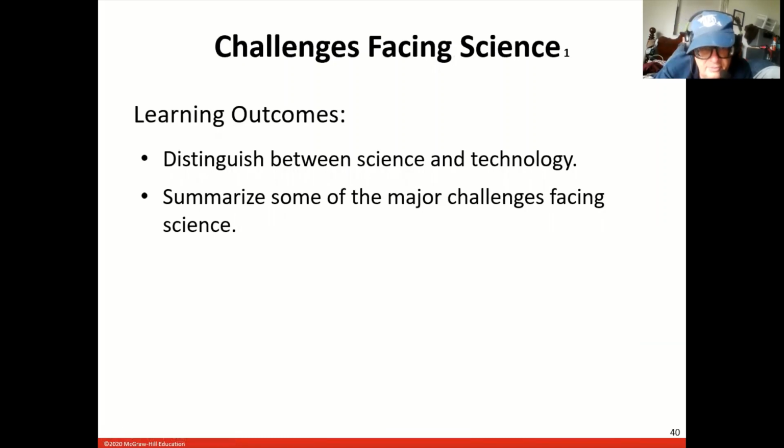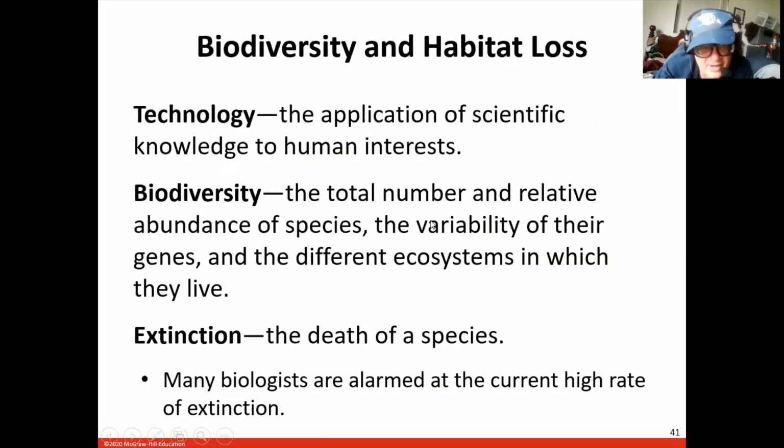We are going to talk about challenges that face science. One would be telling the difference in technology and science. Technology is the application of science. And then talk about limitations of science, challenges of science. All right, so technology is the application of science to human interests.